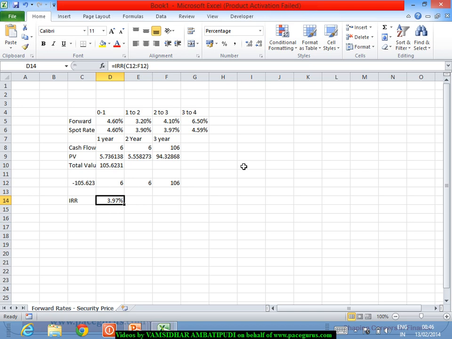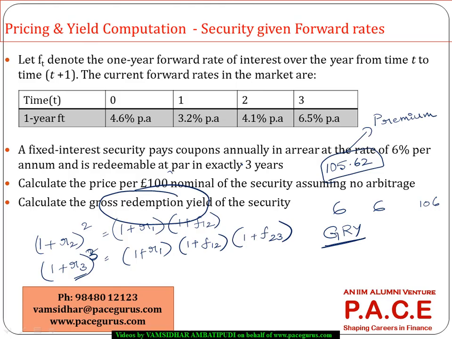3.97% happens to be the overall IRR, which means the gross redemption yield, especially in the case of a bond where I'm looking at different forward rates for different periods, resulting in different spot rates for different periods.